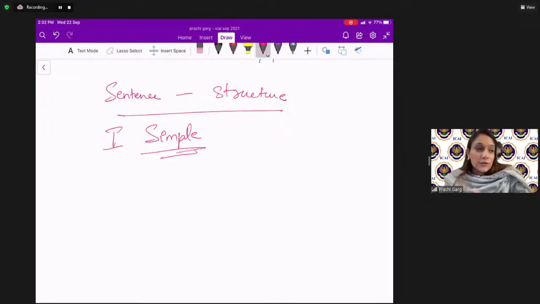I always believe that if any concept is named, then that of course is related to that name only. The name explains a lot about the concept. So the simple sentence means we're going to follow the simple structure. A simple sentence has the simple structure of subject, verb, and object.